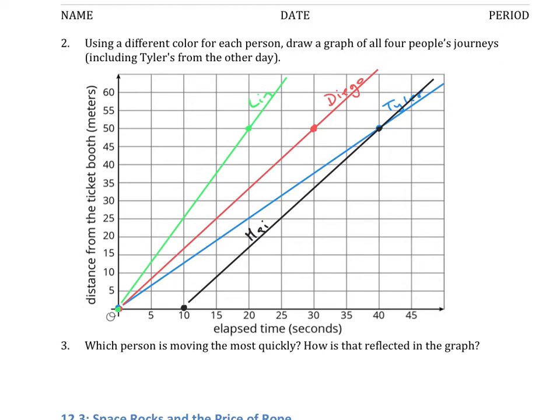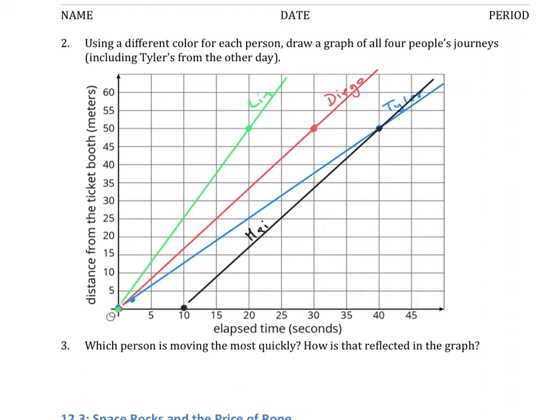If we wanted to take a closer look at what each of these constants of proportionality were, we could plot them on the graph. So let's focus on Lynn, Diego, and Tyler. So we found that Tyler had a constant of proportionality of 1.25. So if I look, that's probably right about there.